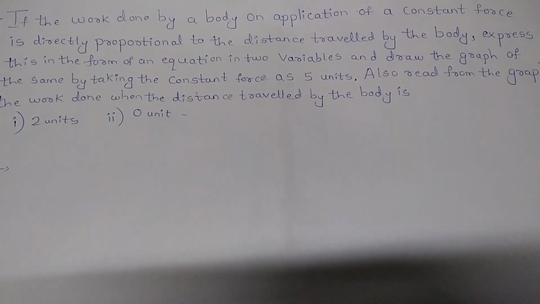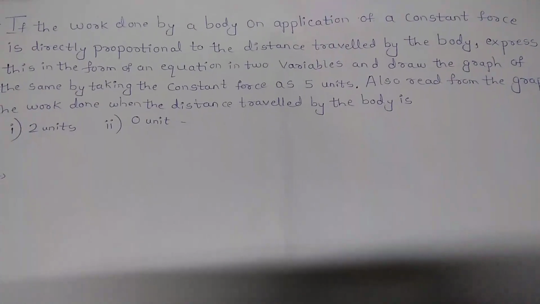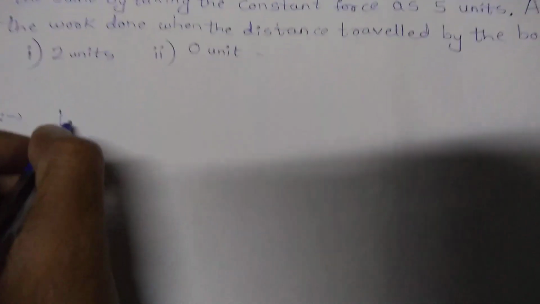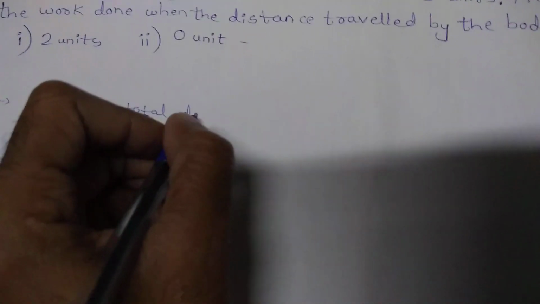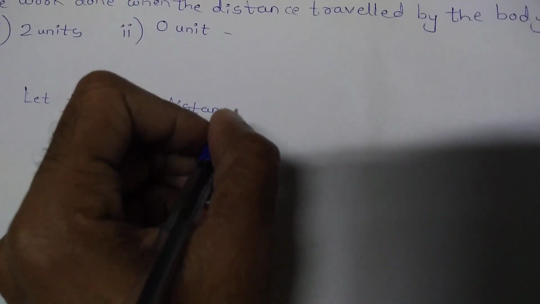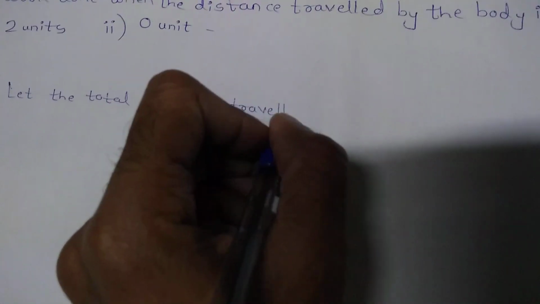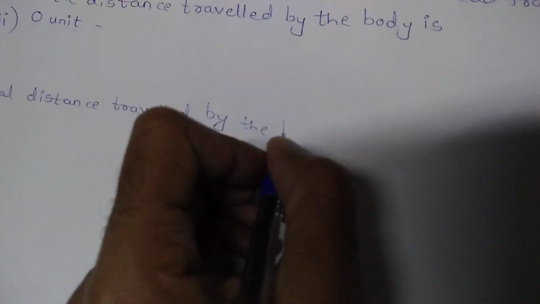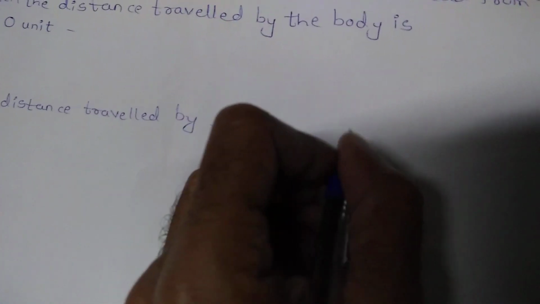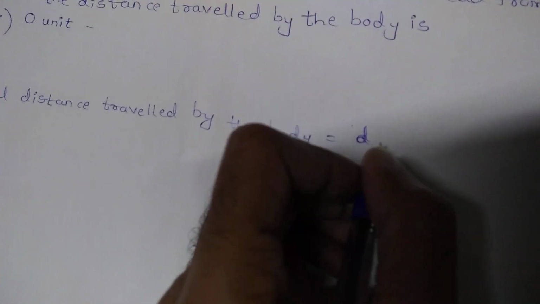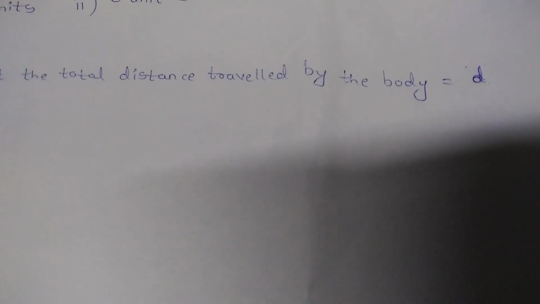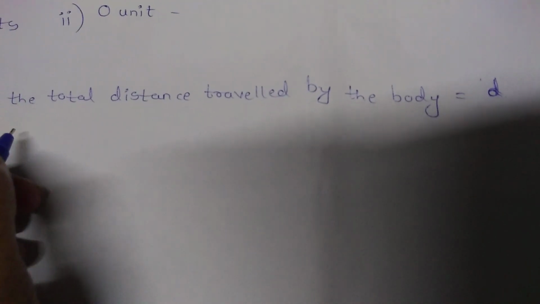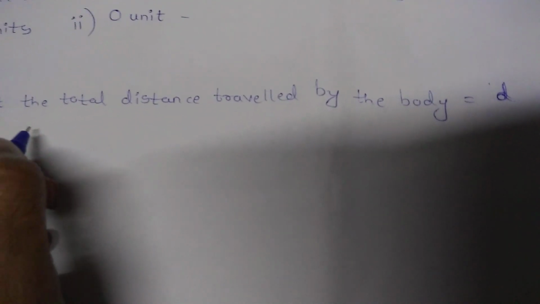So now let the total distance traveled by the body be d, small d. So let us take the distance traveled by the body as d, and the work done by the body on application of constant force as w.